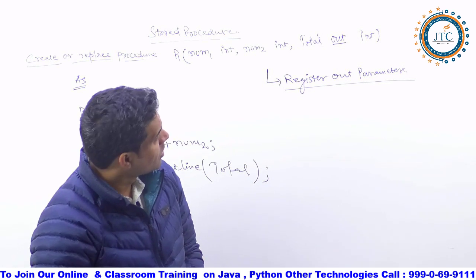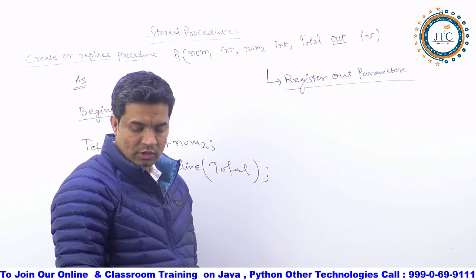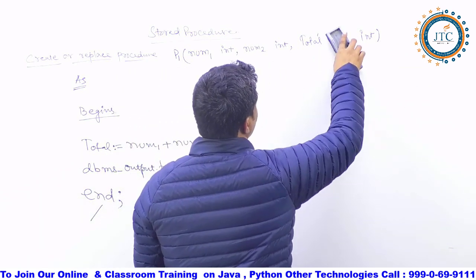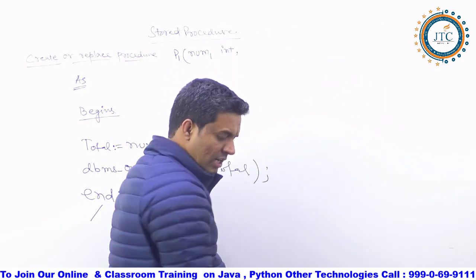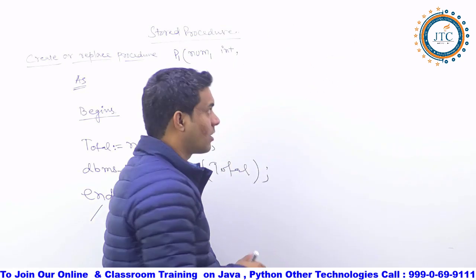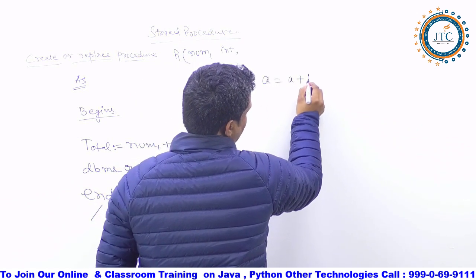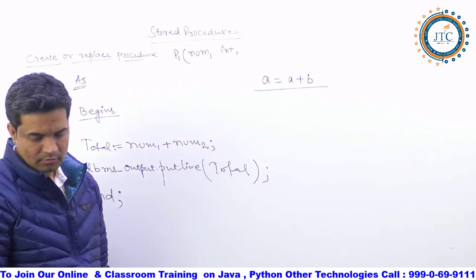Okay guys, the INOUT parameter. Now one more thing in the INOUT parameter. Let's say sometimes we write here, notice it, A is equal to A plus B. Are you getting my point?